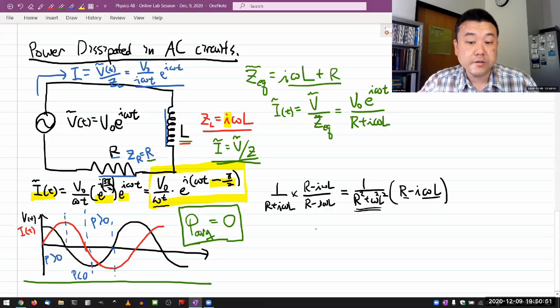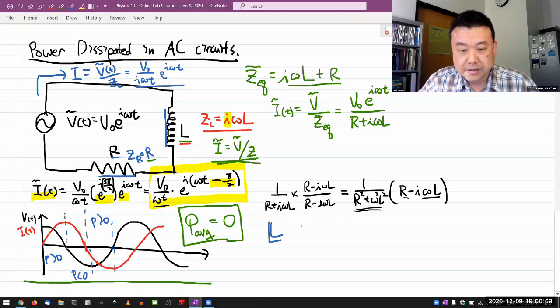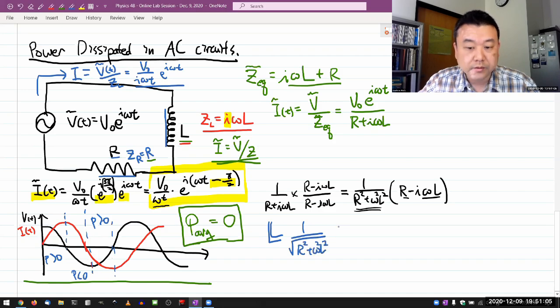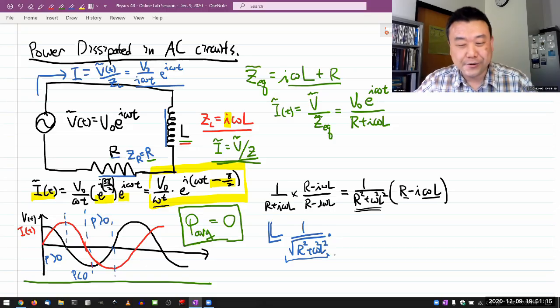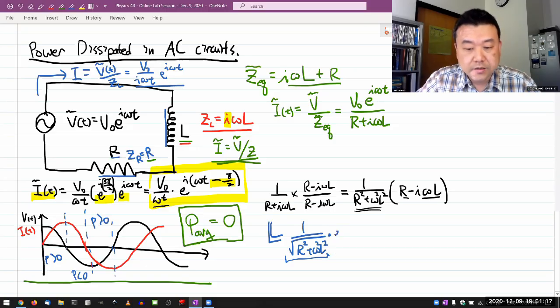And there's also this polar representation. I'm just going to give you the expression without proving it. The expression is this: 1 over the square root of R squared plus omega squared L squared, which is the magnitude or absolute value of the complex number, times e to the phase factor.